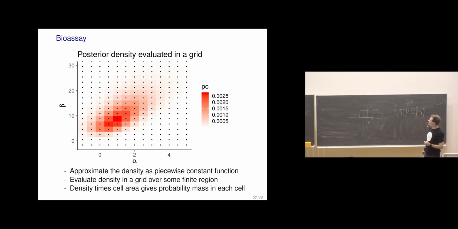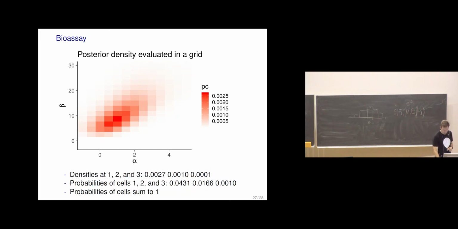So density times cell area gives probability mass in each cell if we have normalized densities. If we don't have normalized densities, we can do self-normalization. This figure should now also show numbers at the top.